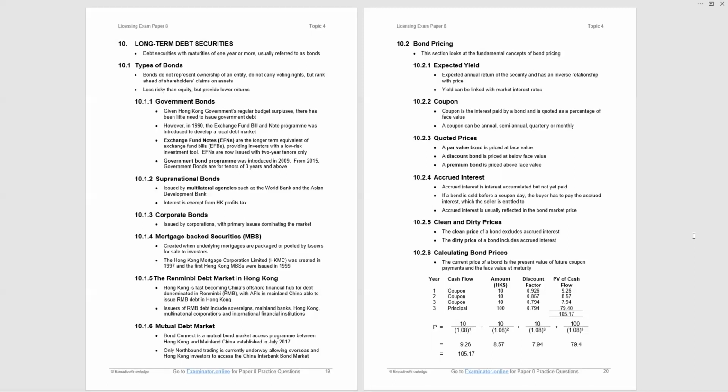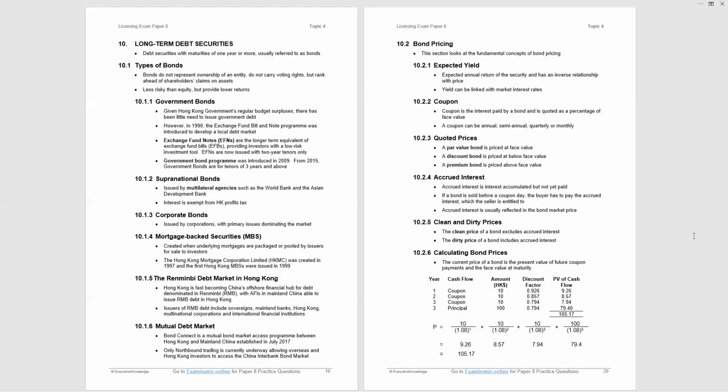In Hong Kong, we have the exchange fund notes, and they are now 2-year tenors, so maturities of 2 years, and government bonds, which came in 2015, and their maturities are 3 years and above. So in Hong Kong, we've got exchange fund bills, short-term instruments, exchange fund notes, what you would call medium-term, but certainly not short-term, 2-year maturities, and the government bonds, 3 years or more.